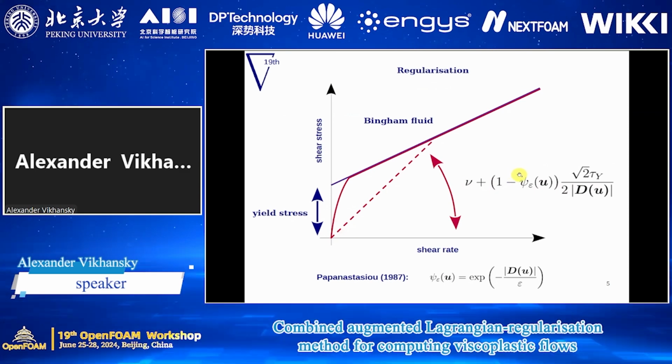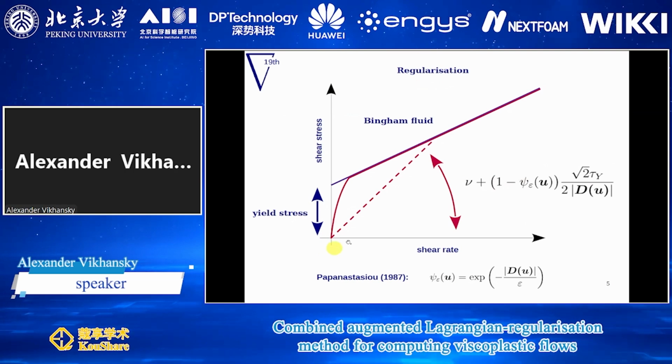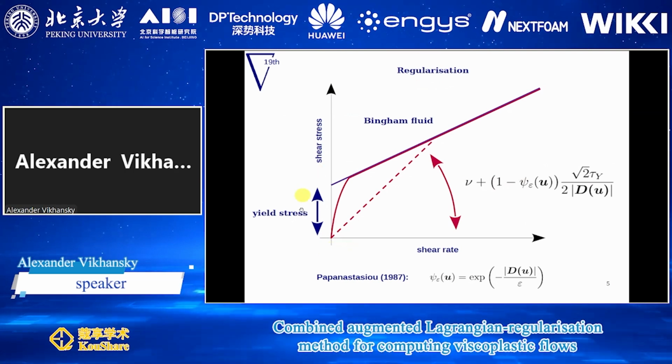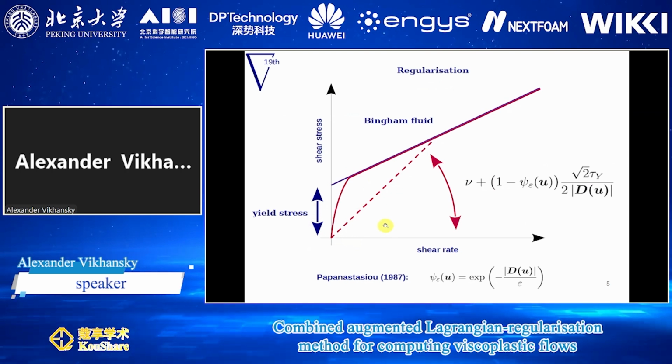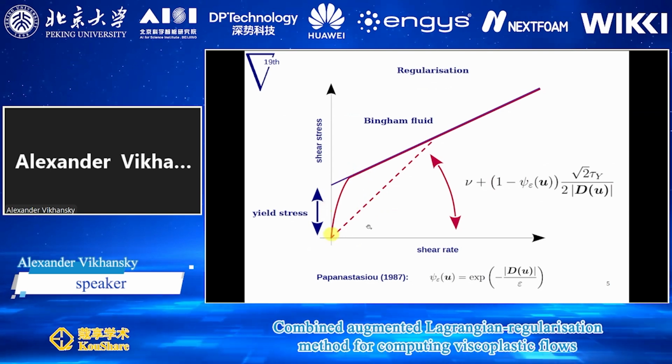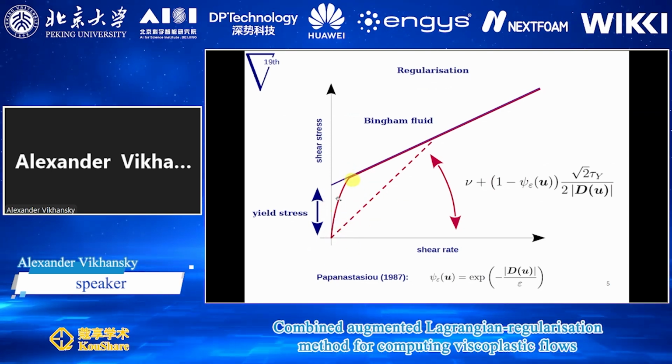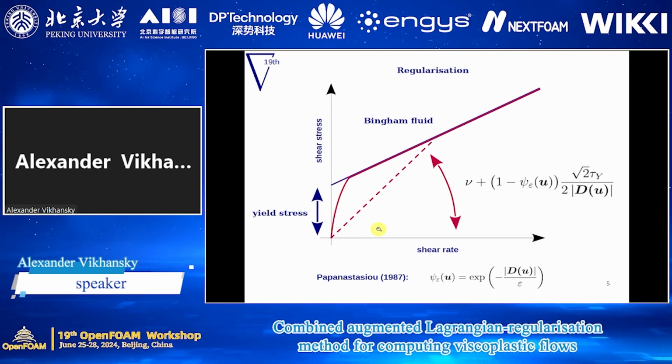So it is convenient. However, this method has an uncontrollable error in this region, and it means that it doesn't tell us where exactly the transition from solid to liquid behavior happens, because according to this model, the deformation is everywhere. There is no solid behavior.